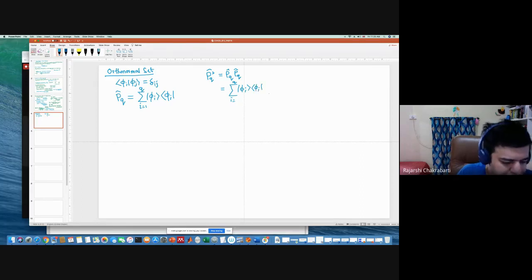This is fine. And then I multiply this whole thing with another P_Q, but I use a different indexing. I call it j. Because if I use i in both the cases, I think I'll get confused. Okay, this is how it is.